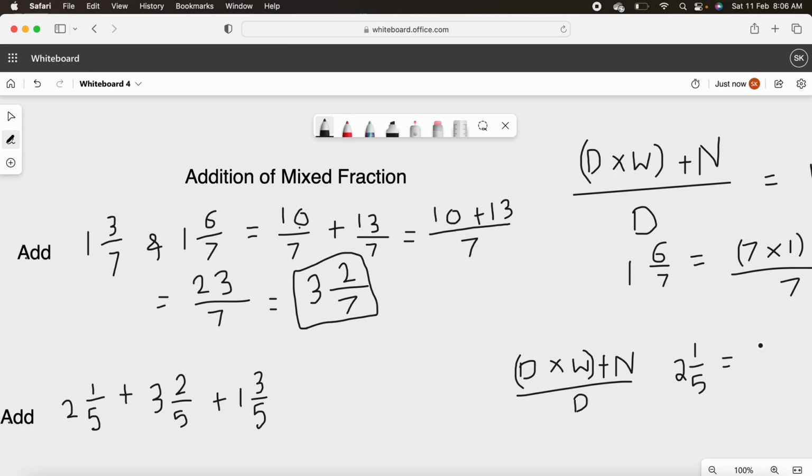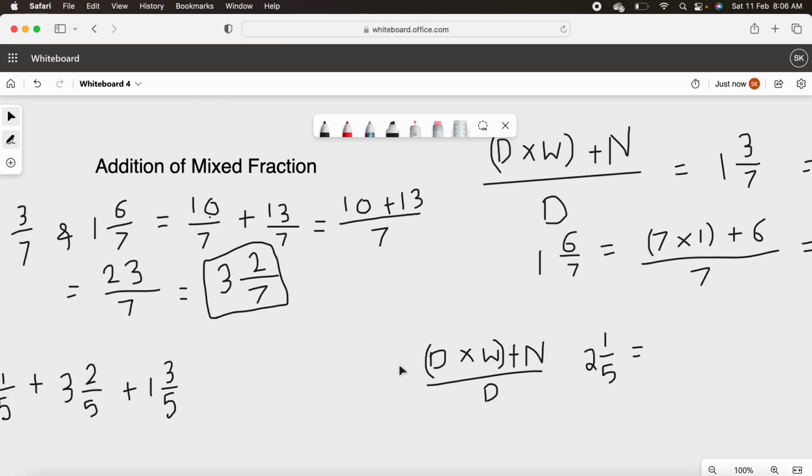Denominator is 5 here. Right, 5. Whole number is what? 2. Right, 2 multiply by 2 plus numerator is what? 1.